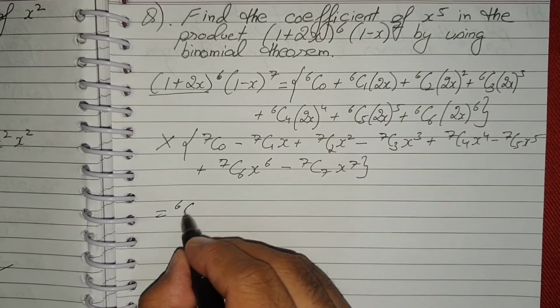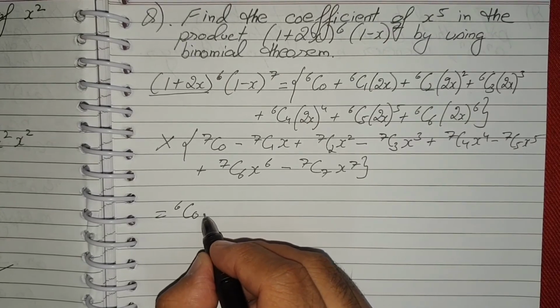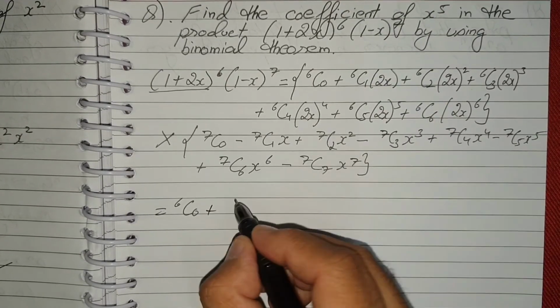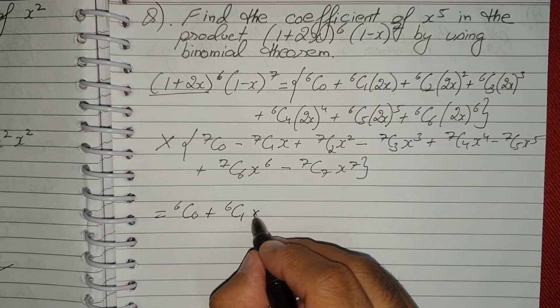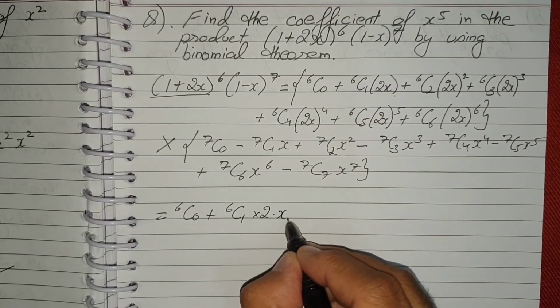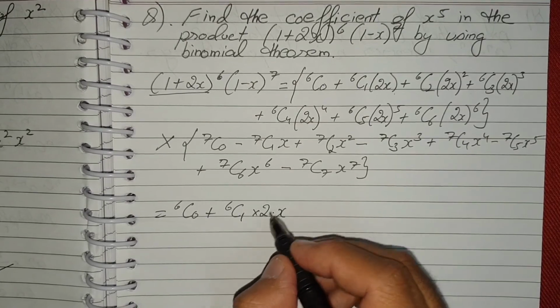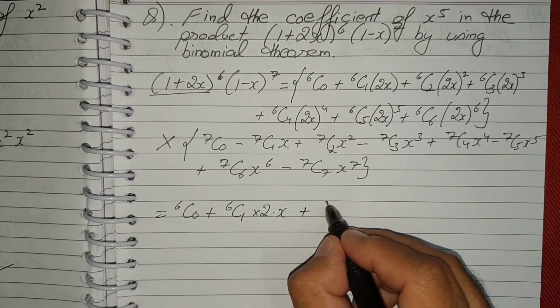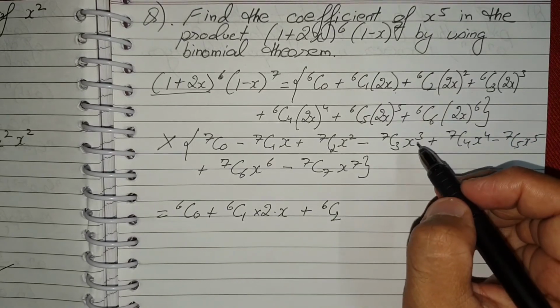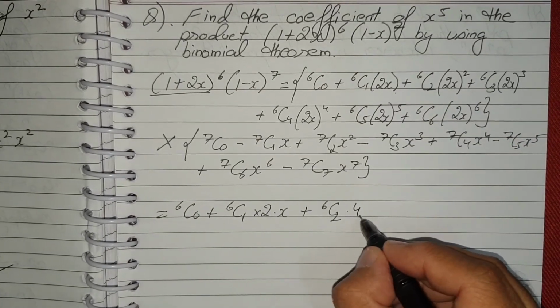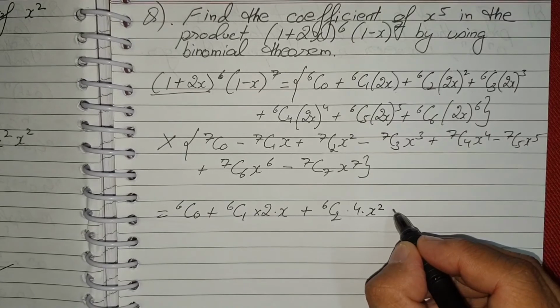This is 6C0 plus, let 6C1 be like this. This is 2x, so this is into 2. We write into x. Plus, let it be 6C2. 2x square is actually 4 x square. Okay.